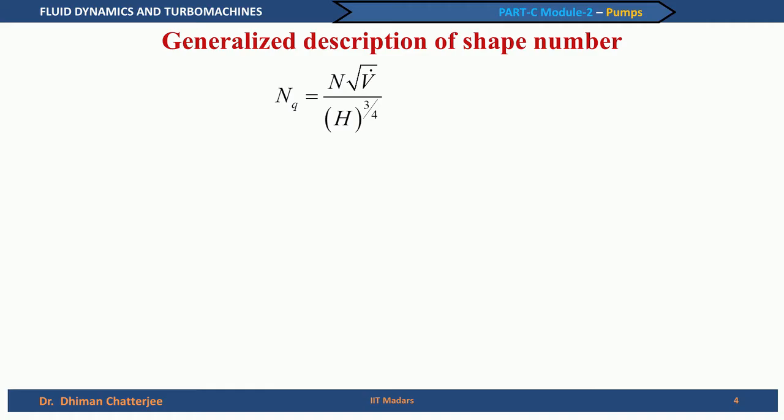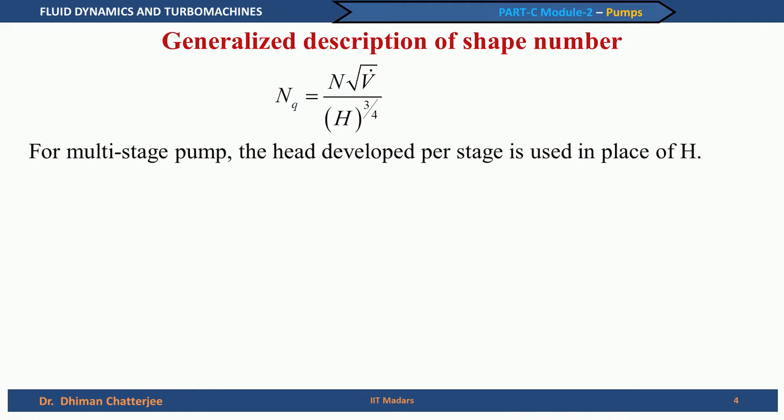It says H is the head developed by the pump and V dot is the flow rate through the pump. So, we need to refine this definition of specific speed and shape number. I will give an example from specific speed to tell how this can be done. Many times what happens is that in a multi-stage pump we make identical impellers, and if the total head requirement is H, head to be developed is H, then what we do is we divide the head development requirement per stage and have that many number of stages, and hence we should write the definition of specific speed as n square root of V dot divided by H by S to the power 3/4.